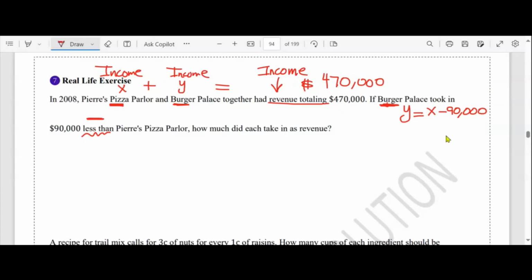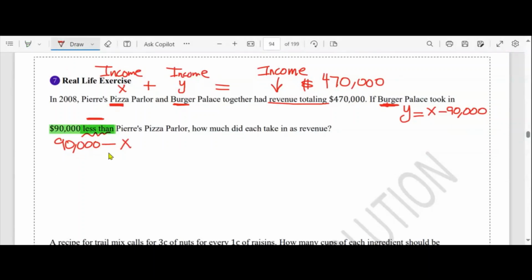Is this clear or not clear? How do you understand that it's X minus 90? Because X is the pizza, right? He said 90 less than the pizza. If I write it normally, it's going to be like this. But because we have less than, what do we do with less than? You reverse the order.